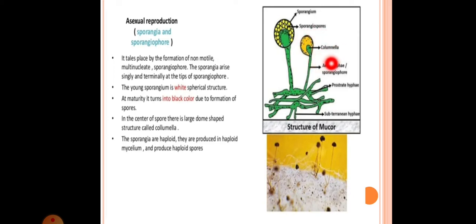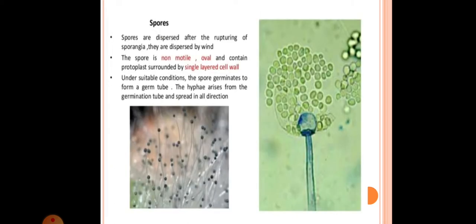Here the columella is the dome-shaped structure. Then this is the aerial hypha, that is the sporangiophore. Here is the prostrate hypha, and this one is the inner or subterranean hypha.